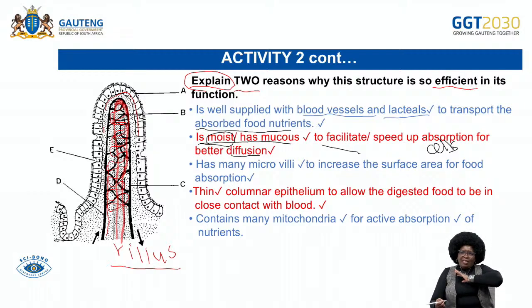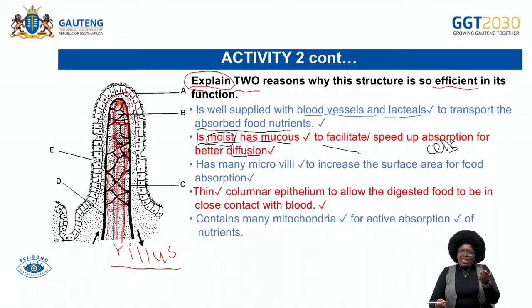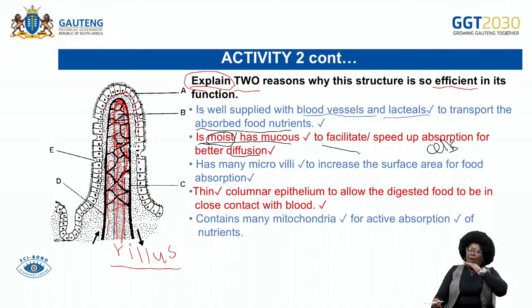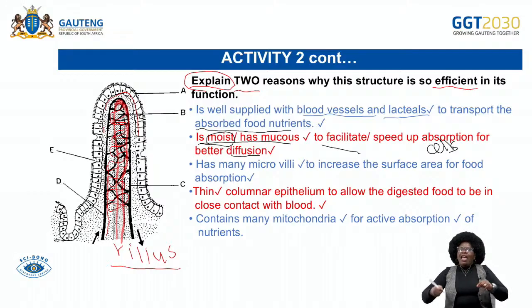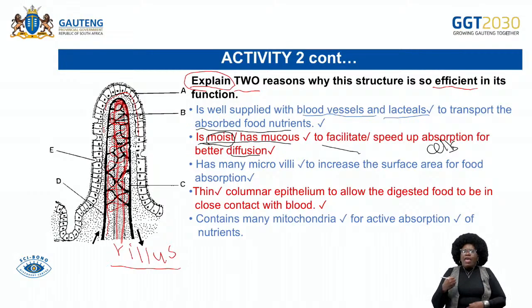So you tell us the structure and you tell us its function. You speak about blood vessels and lacteals, then tell us what they do. They transport the absorbed food nutrients. You speak about the presence of mucus, which is secreted by the goblet cells, and what does it do? It facilitates or speeds up the process of diffusion.